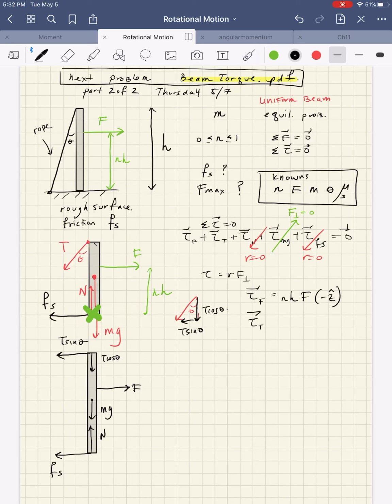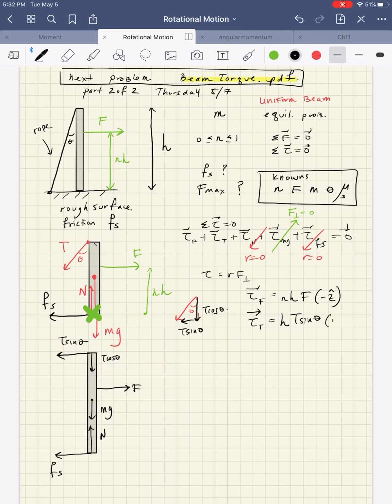For tension, the magnitude of its r vector with respect to that axis is the full length of the rod, h. And T sine theta we've already discussed. T sine theta is the perpendicular component of the force. And this rotation is counterclockwise.